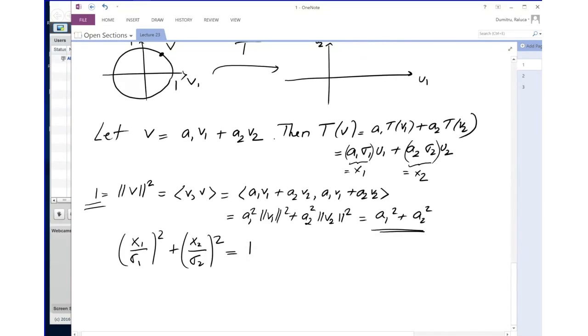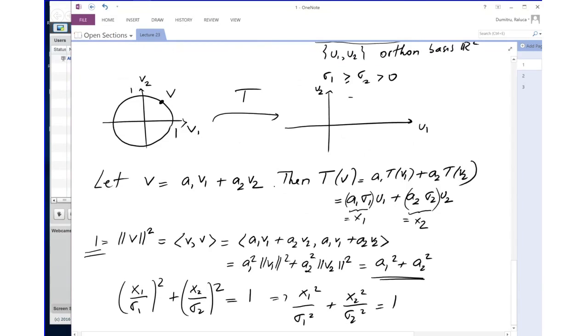I'm looking at the coefficients of T of v, which are x1 and x2 in that new basis, u1, u2, and I want to see what property they satisfy. And it turns out that x1 squared over sigma 1 squared plus x2 squared over sigma 2 squared has to be 1, and this is just the equation of an ellipse.